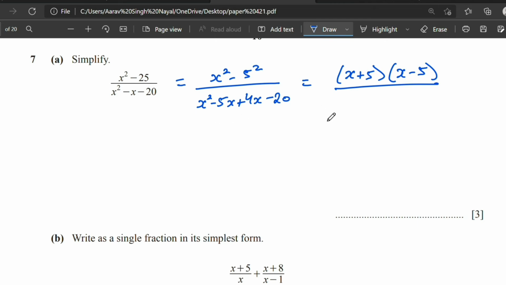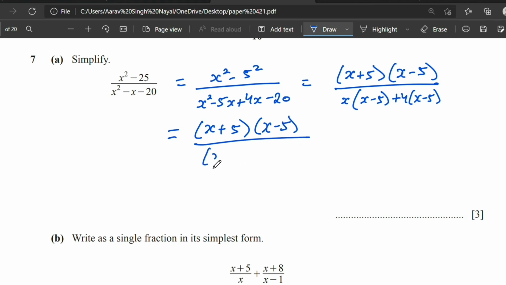Now taking x common, this will be x minus 5 plus taking 4 common, that will be x minus 5 again. Next step, x plus 5, x minus 5 as it is, taking x minus 5 common, this is x plus 4.